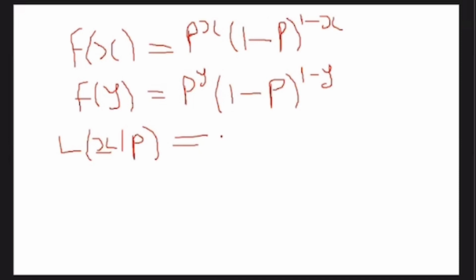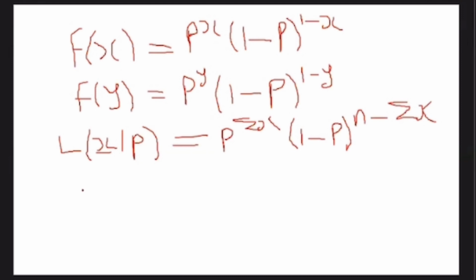So I can rewrite that as p raised to power sum of x, then 1 minus p, what is 1 in n times? It's going to be n, so that will be n minus summation x. This is the likelihood of the Bernoulli distribution.